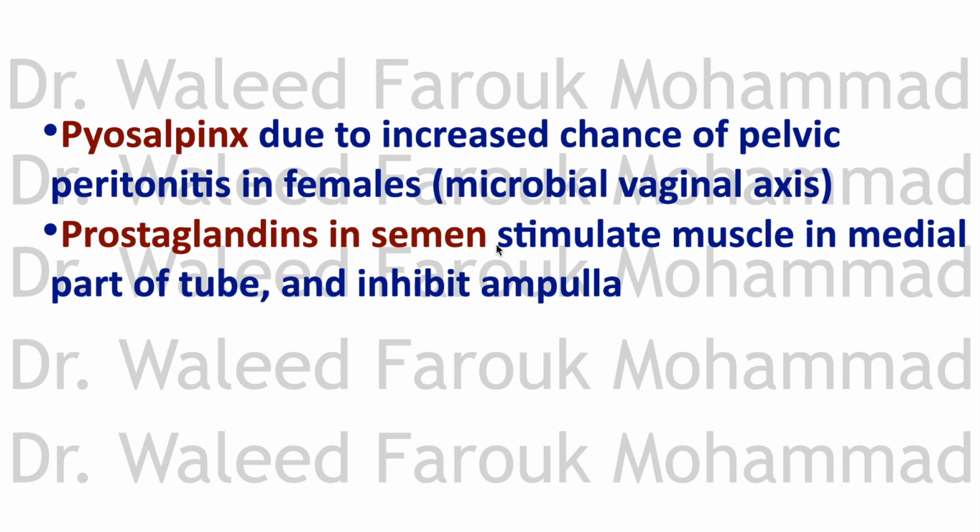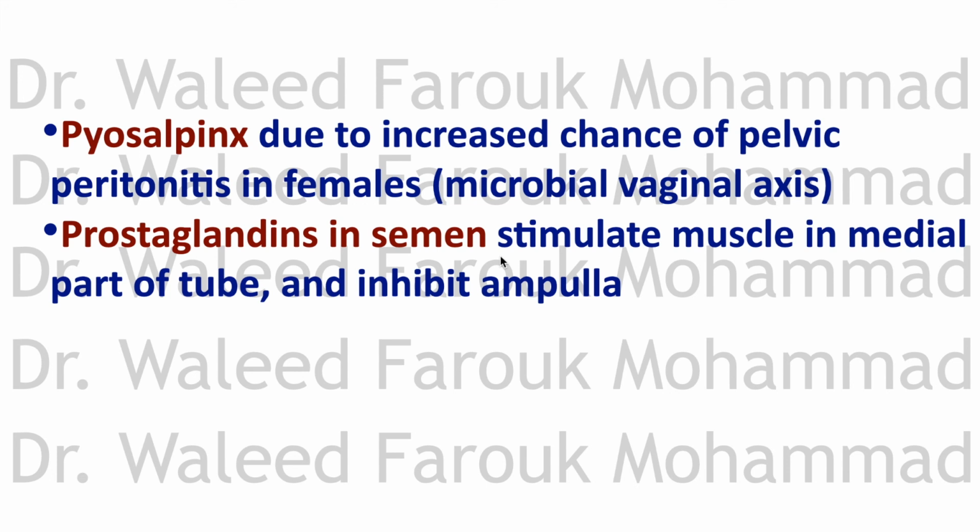Another interesting piece of information about semen is that the prostaglandins in semen stimulate the muscle in the medial part of the tube, meaning the medial side of the tube contracts the isthmus, so preventing the ova from entering the uterine cavity.